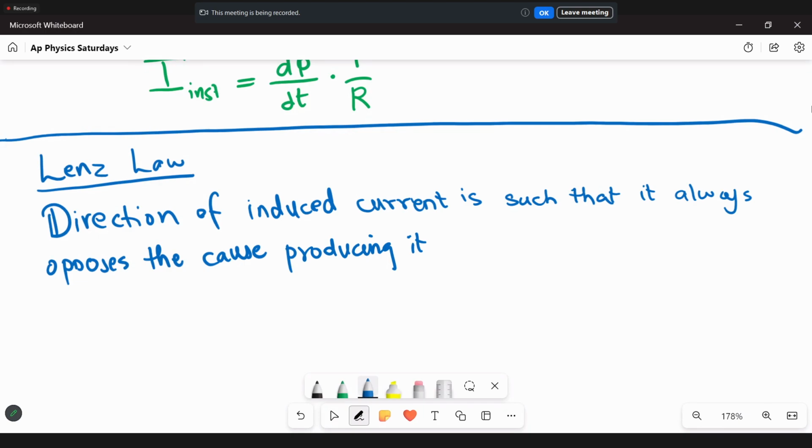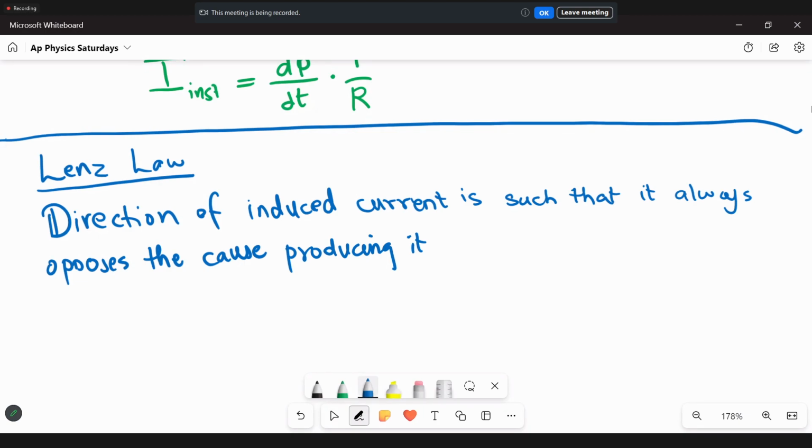Something is changing. That change is producing induced EMF and induced current. Now, the induced current's direction will be such that it will try to oppose this change.